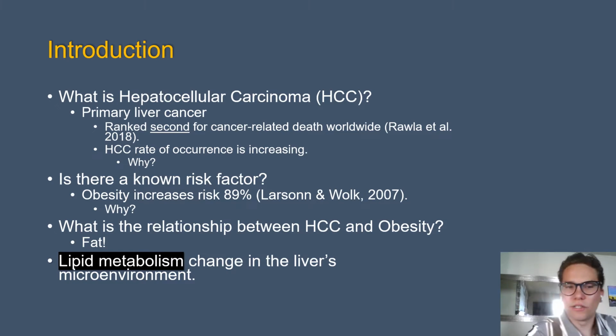Well, what's the association or relationship between HCC and obesity? Well, it's fat. People today throughout the world are weighing heavier than they have in the past, and that fat or lipids change the liver's microenvironment.